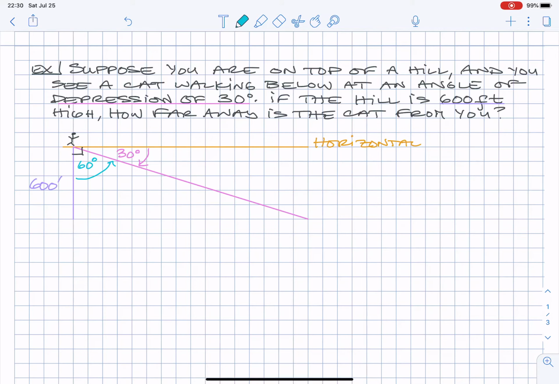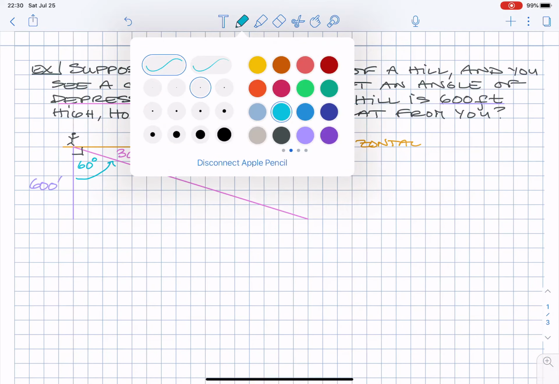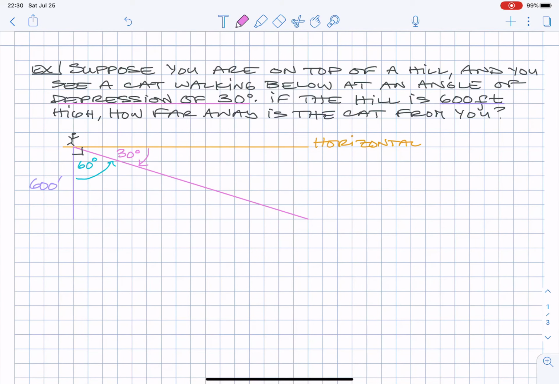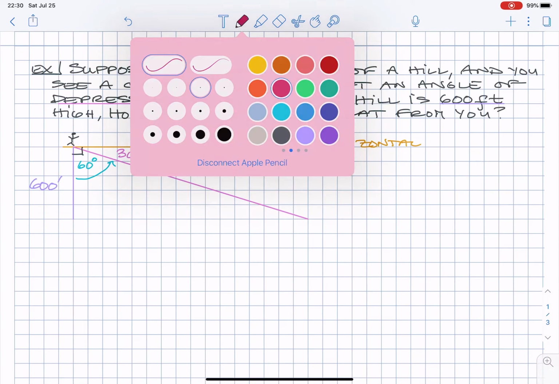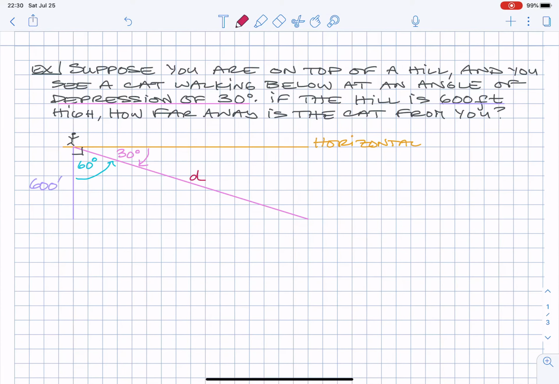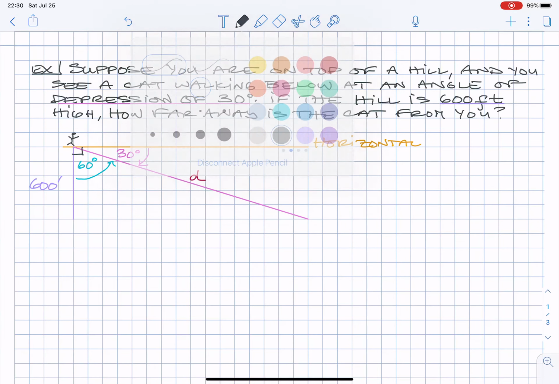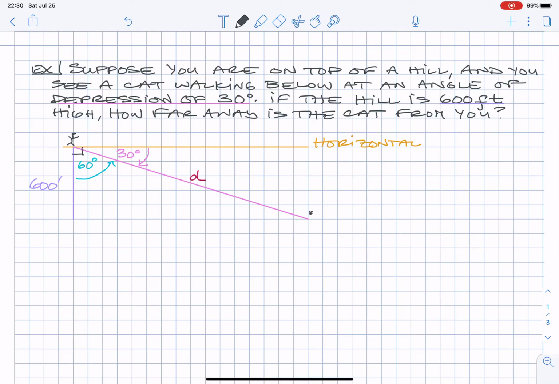Okay, so I want to find the distance D. Let's use red. D, to get to the kitty cat. What's the kitty cat? It's right here. Because you've got supersonic eyes when it comes to kitty cats, or at least I do.